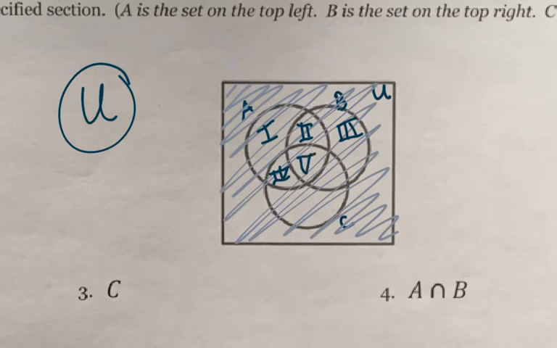This section here is 5, which is a V. This section here is VI or 6, which stands for 1 after 5. And then this section here is 7, VII. And then this last section in the universal set that's not contained in A, B, or C is 8, which is VIII or 3 after 5.